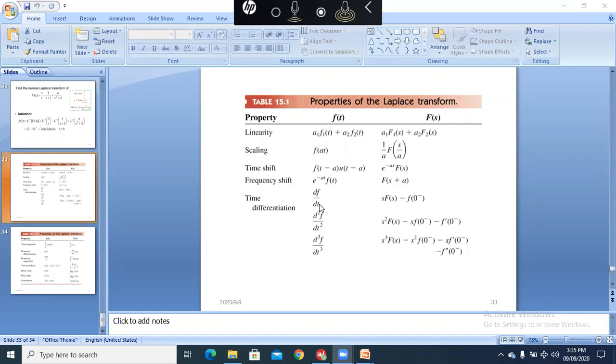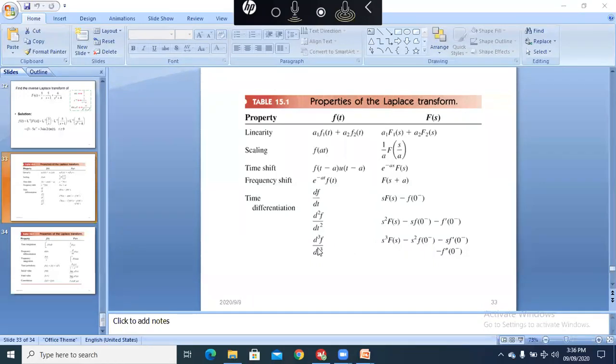The time differentiation property gives s F of s with the initial condition. If we have the second derivative, we add the first derivative term with the initial condition.